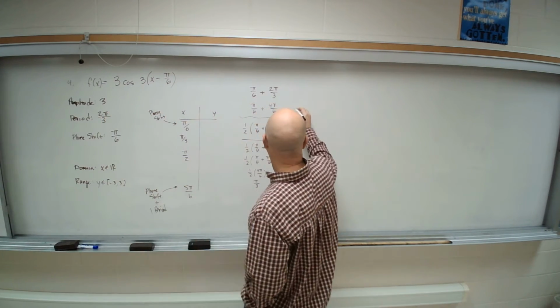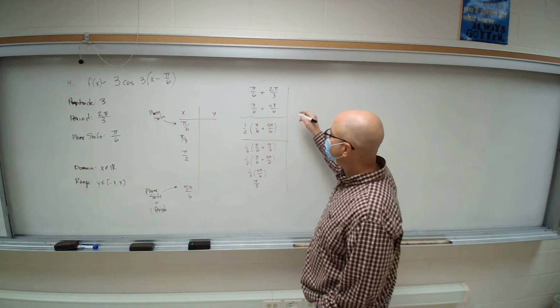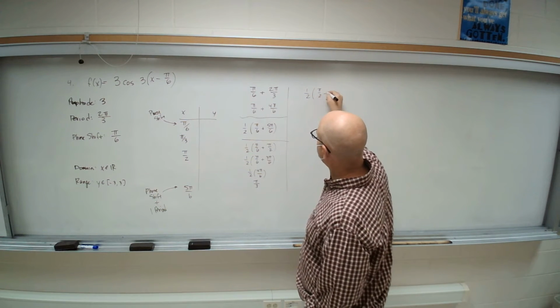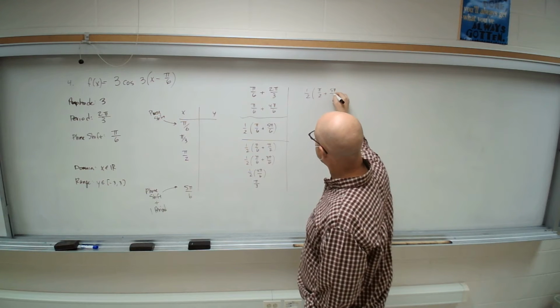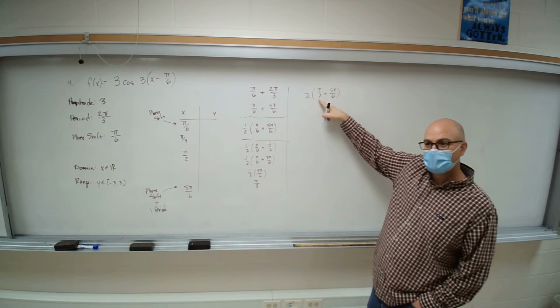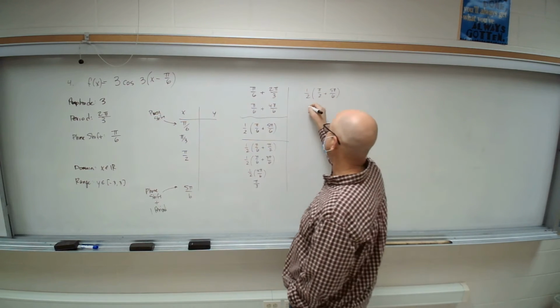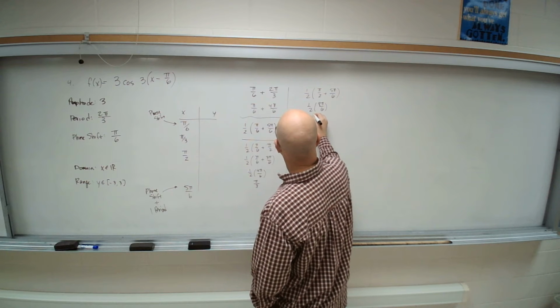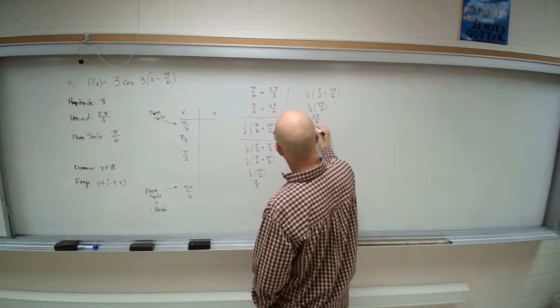Now at this point, we could do another average, which is fine. Pi over 2 plus 5 pi over 6. Well, that's 3 pi over 6, isn't it? So 3 pi over 6 plus 5 pi over 6 is 8 pi over 6, which is 4 pi over 6, which is 2 pi over 3.